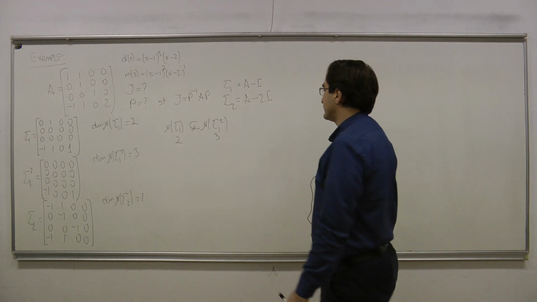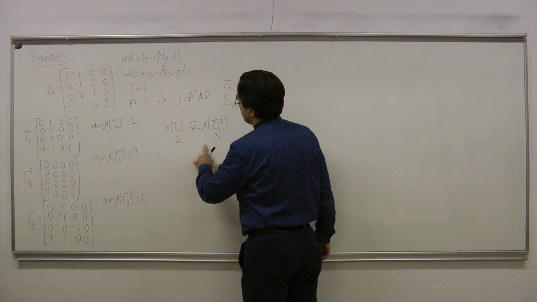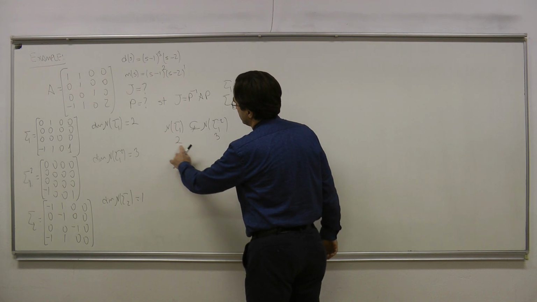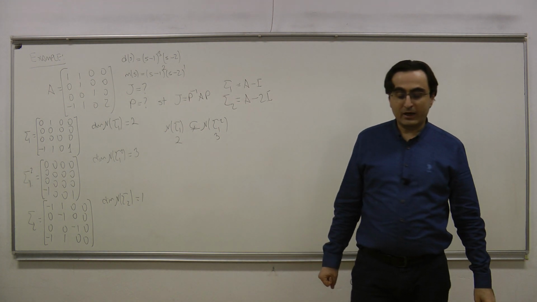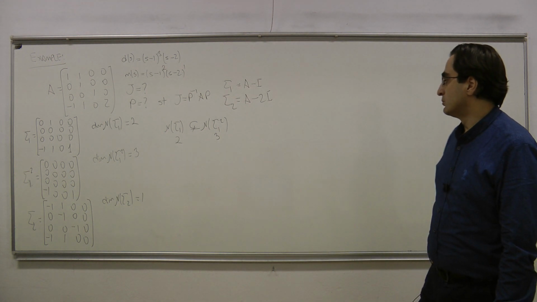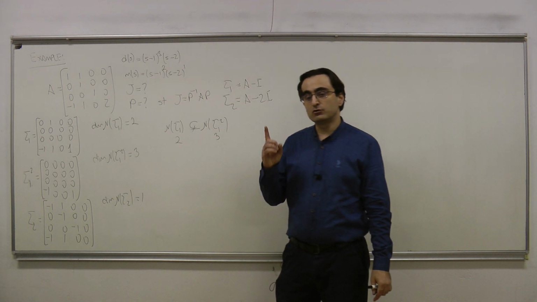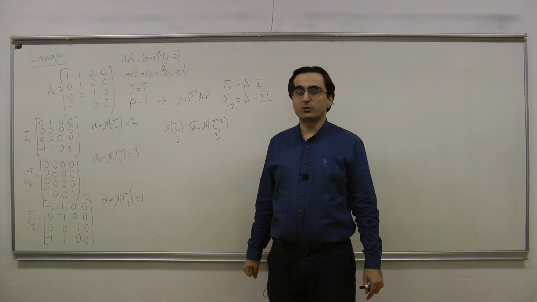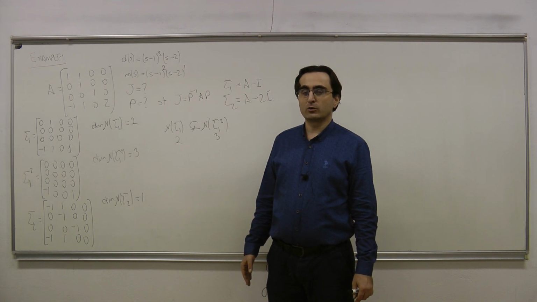And what about their sizes? I see that the number of Jordan blocks whose size is larger than or equal to 2 is going to be this difference. So in this case that number is equal to 1, meaning that there is 1 Jordan block whose size is larger than or equal to 2. Do we have any Jordan block whose size is larger than or equal to 3?